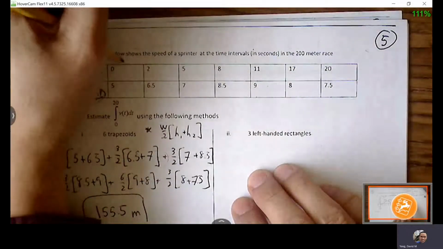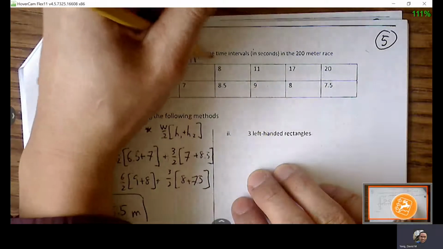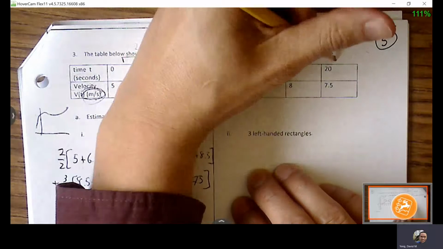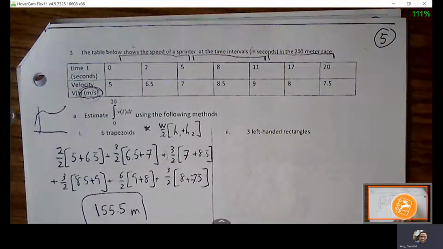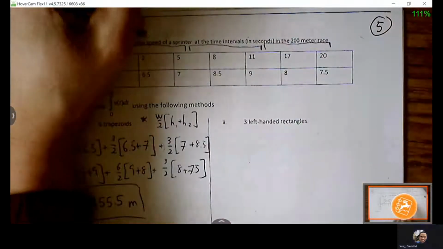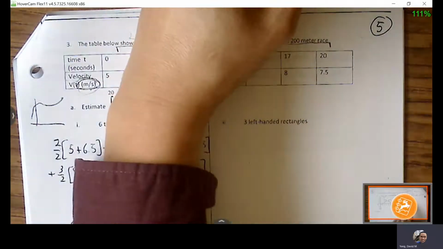How about 0 to 5, 5 to 11, and then 11 to 20. Three left-handed rectangles. This is a width of 5. This is a width of 6. This is a width of 9.